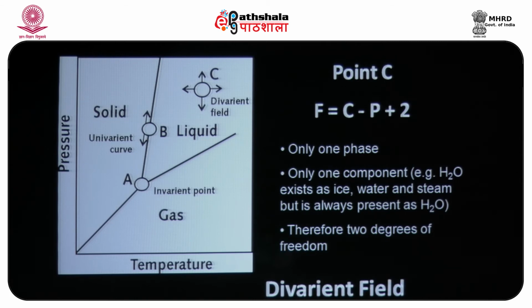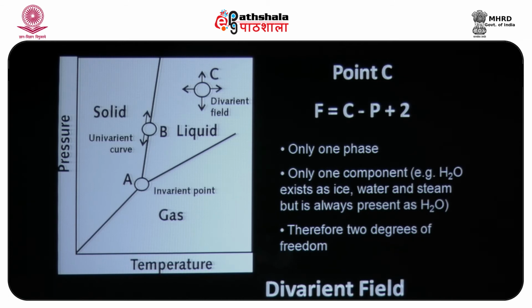And now, when you actually move to the point A, what is there in A? A has the gas, solid and the liquid phase. So, you have component, again remember it is just H2O. So, component is 1, phase is 3 because gas, liquid and solid. So, 1 minus 3 plus 2.